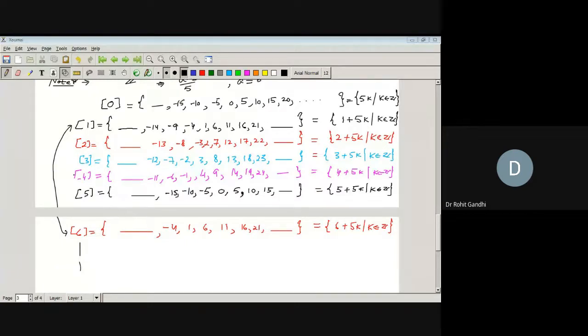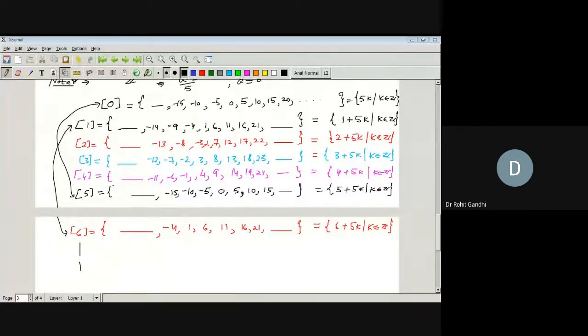In the same way, if you see the equivalence class of 0 and 5, it contains elements 0, 5, 10, 15, 20 and backward -5, -10, -15. Same here. If you see the equivalence classes of 1 and 6, they are also equal to each other, right?